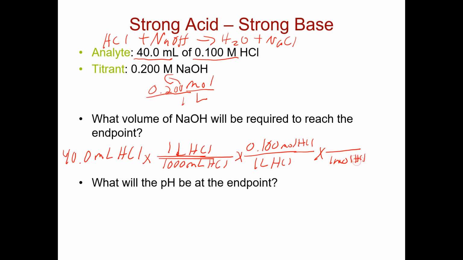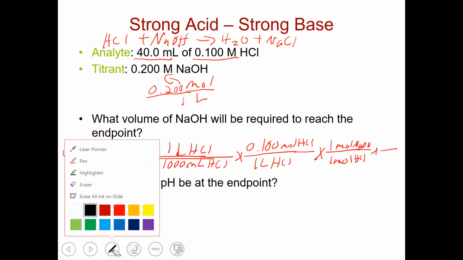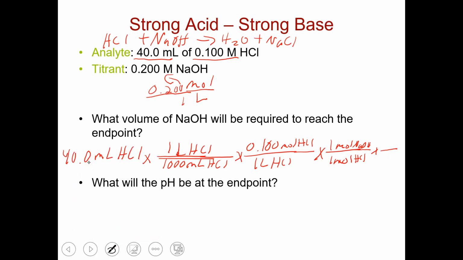So 1 mole of hydrochloric acid reacts with 1 mole of sodium hydroxide, and then our sodium hydroxide is 0.200 molar, so 0.200 moles of sodium hydroxide for 1 liter of sodium hydroxide.